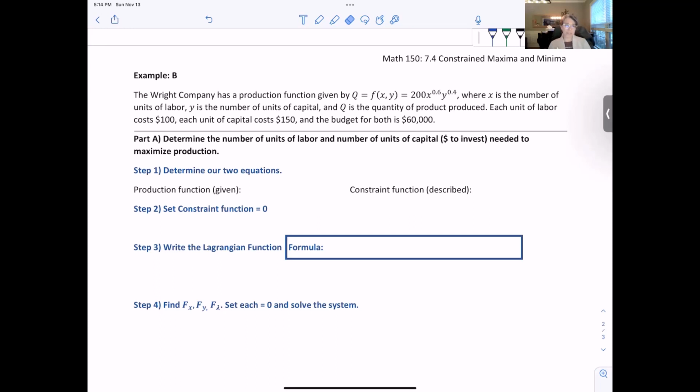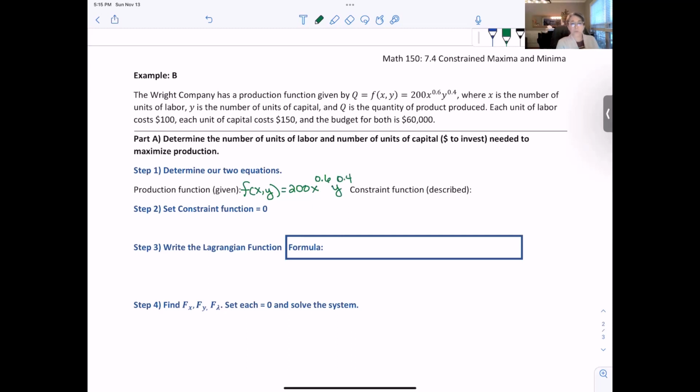So remember when we talked about the tables, there are two things that affect how many tables we can make. The first one is the production function. Most of the time that function is going to be given to you, and it was in this one. We were given that f of xy equals 200 x to the 0.6 times y to the 0.4.